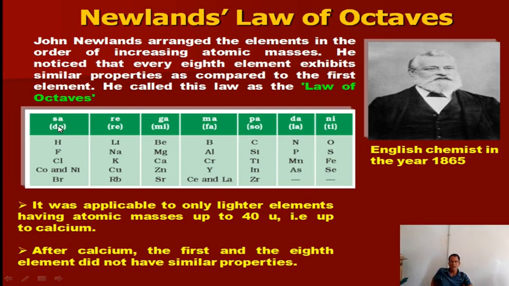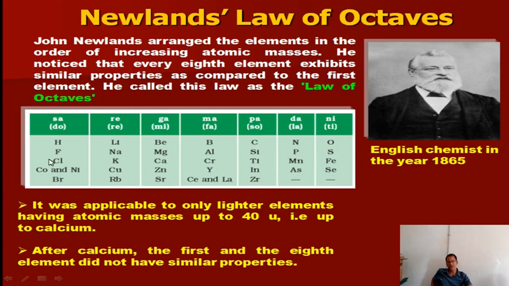That means he arranged the tabular form taking the musical notes sa re ga ma pa dha ni like this: hydrogen, lithium, beryllium, boron, carbon, nitrogen, oxygen. These are the seven elements. Then the eighth element comes to the hydrogen position: fluorine, sodium, magnesium, aluminium, silicon, phosphorus, sulfur.